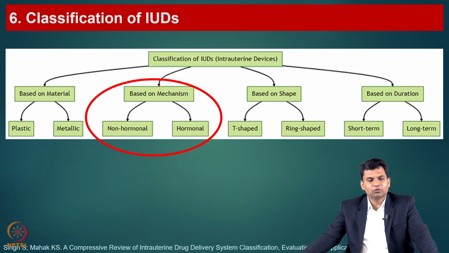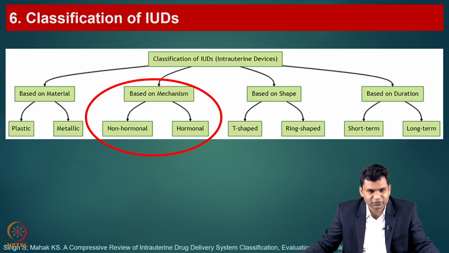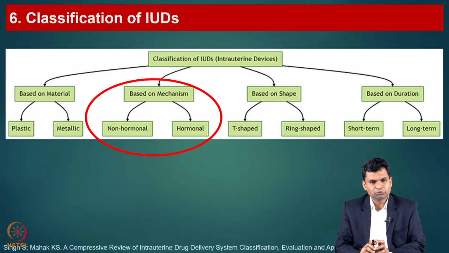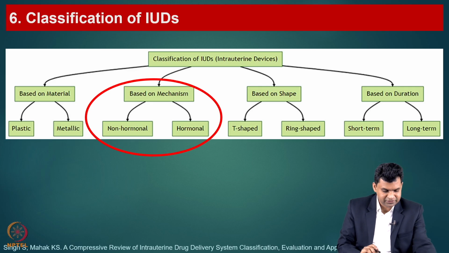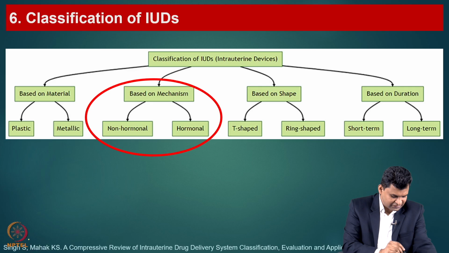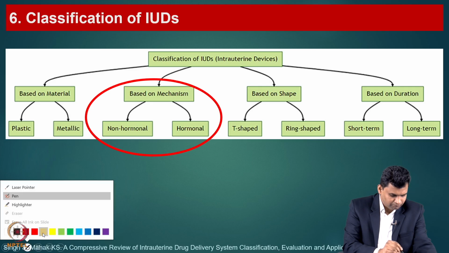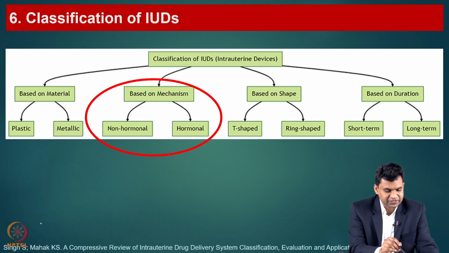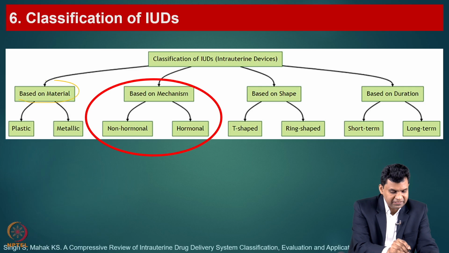Now we are going to discuss the classification of intrauterine devices. Based on various parameters, people have classified these intrauterine devices into various categories. The first classification is based on the material.